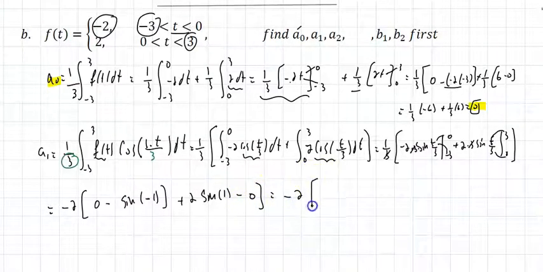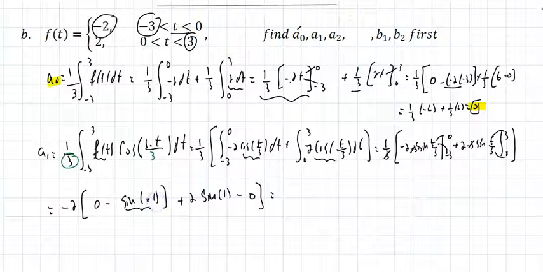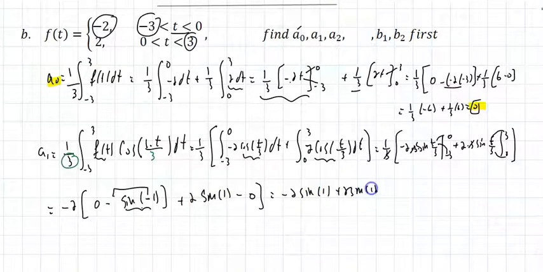So this is negative 2 times, remember, sine is odd, so these negatives come out and you're looking at negative 2 times the sine of 1 plus twice the sine of 1. I'm getting that to be 0.